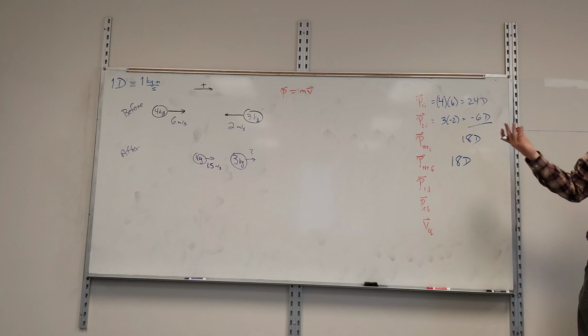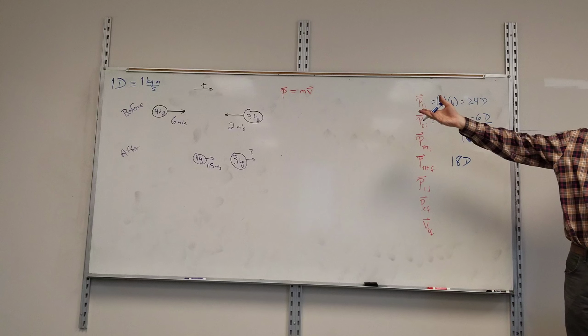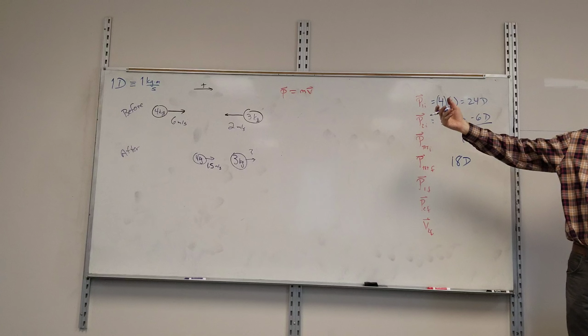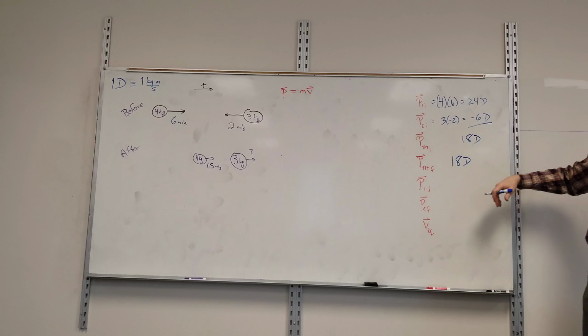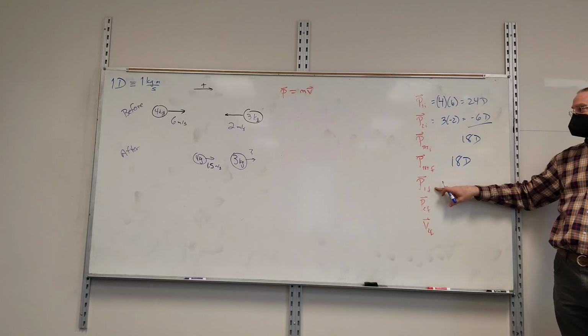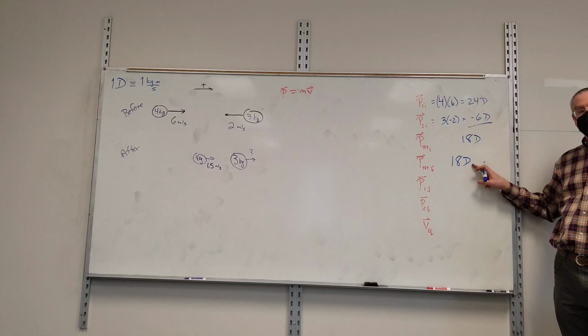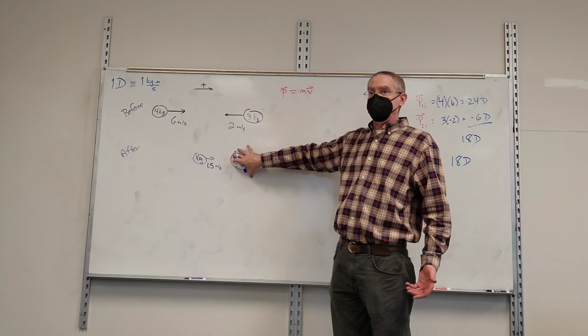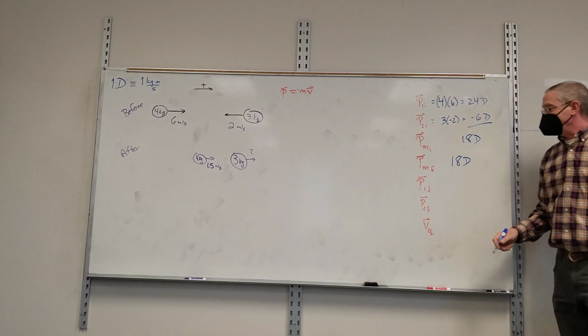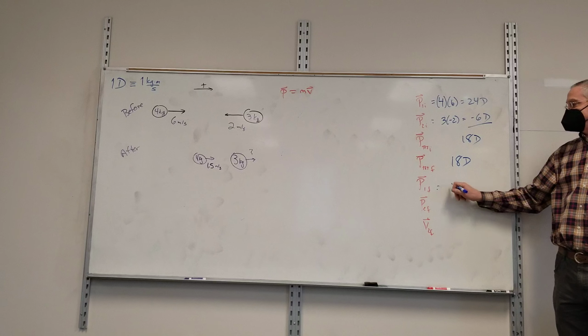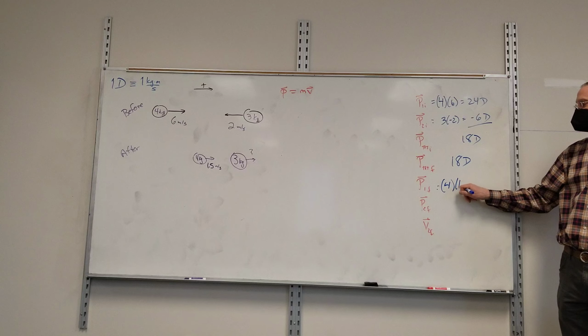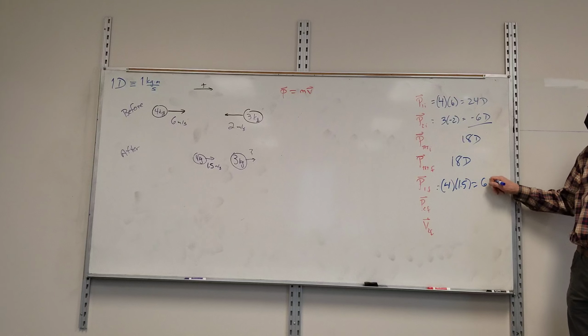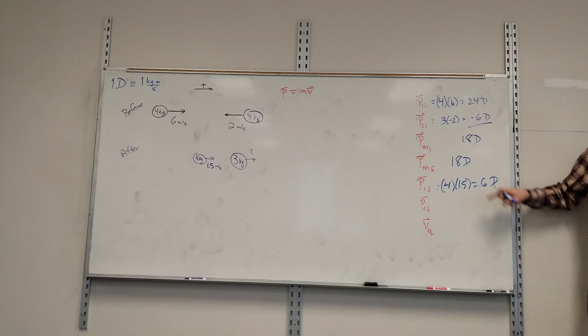Now, you might say, how do you know I'm supposed to ignore the planet below it? Well, I never said there was a planet below it, so that's one reason to ignore it. Now, afterwards, I know my total is 18, so whatever this momentum plus this momentum has to add up to 18. For the 4 kilogram mass afterwards, I told you its velocity, so that's 4 times 1.5, which is 6. So my total is 18.